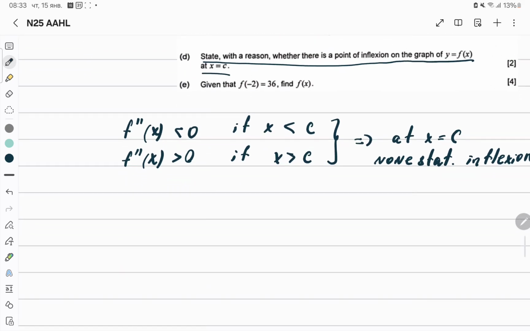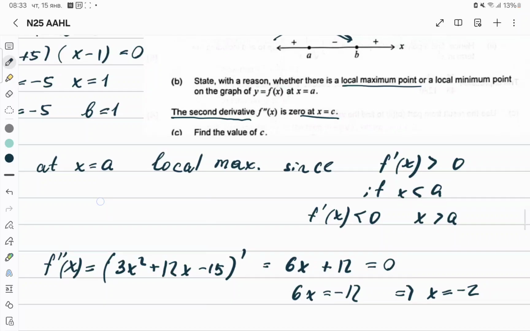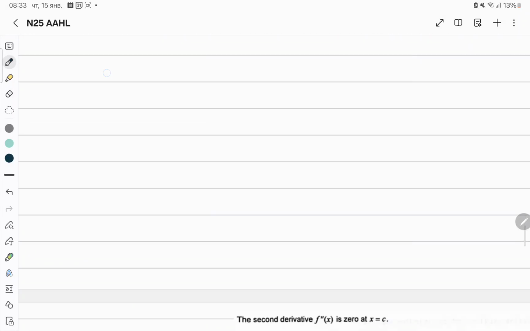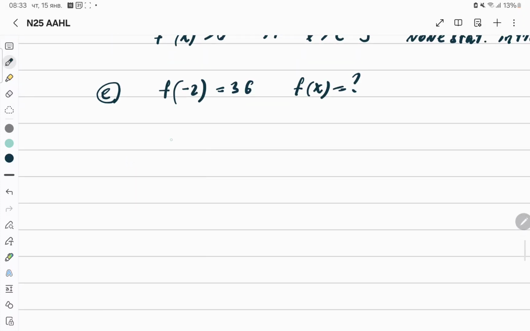And the last 4 marks. If f of negative 2 is equal to 36, find f of x. Initially we know that our derivative is 3x squared plus 12x minus 15.